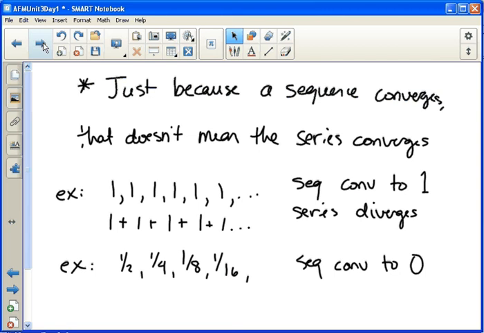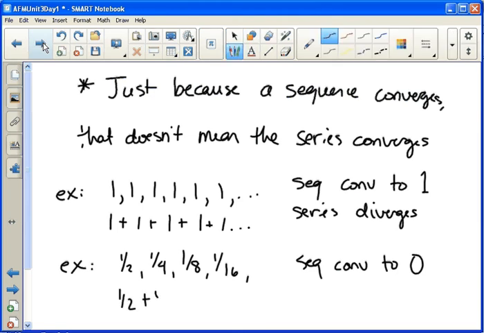Okay, another example. 1/2, 1/4, 1/8, 1/16, and so on. That's going to converge to 0. Those numbers are just getting smaller and smaller and smaller. But let's look at what happens if we do 1/2 plus 1/4 plus 1/8 plus 1/16.